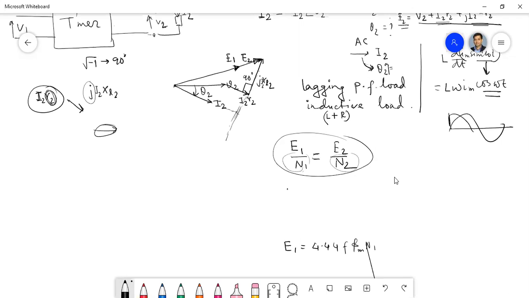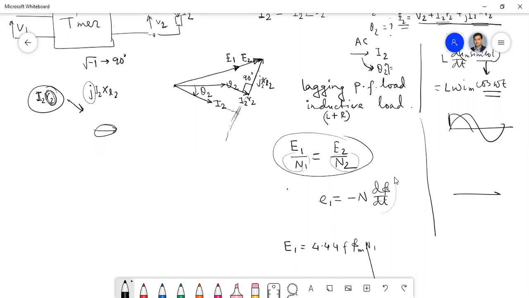For the phasor relation, we have to go for this equation: E1 equals minus N d phi/dt. Now, forget about this sign for a moment. When you take this derivative, how much phase lead or lag will we get? We have just explained here. When we go for a derivative, will the phase angle lead or lag? So derivative means 90 degree lead or lag.